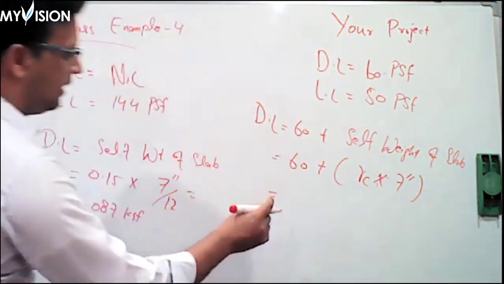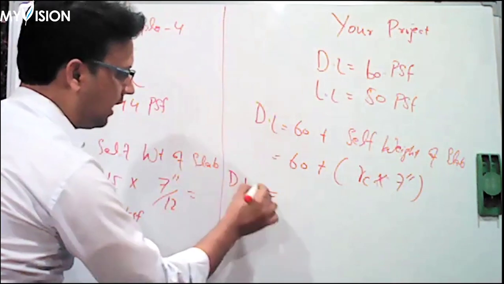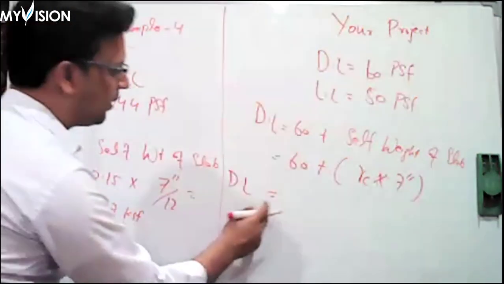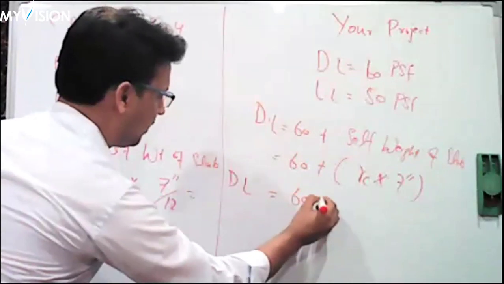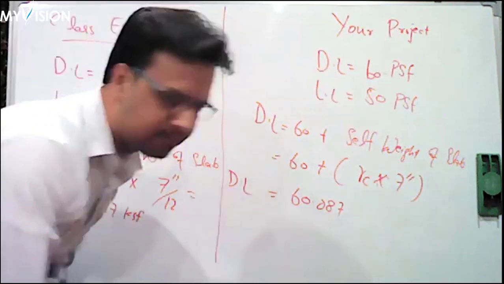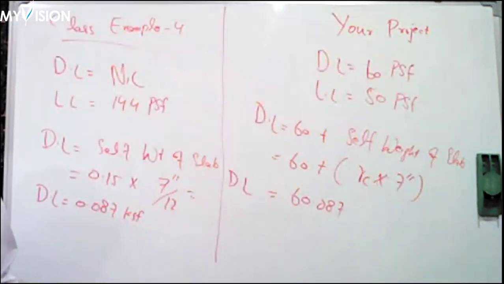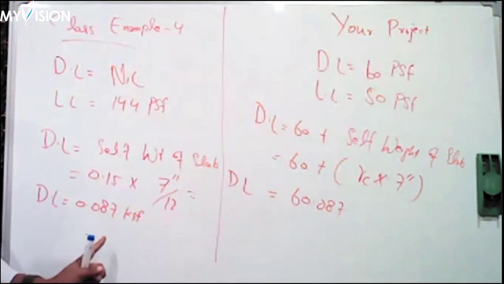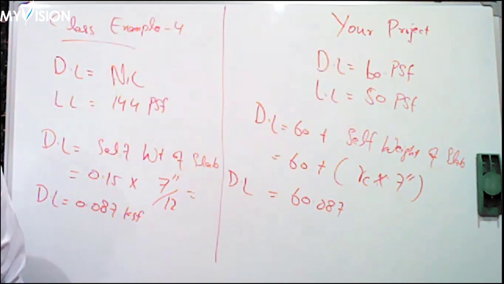And in your project, which you will solve at home, it will be 60.087. Clear, Mr. Dragon and Mr. Bell? After that you can calculate Wu dead load and Wu live load.